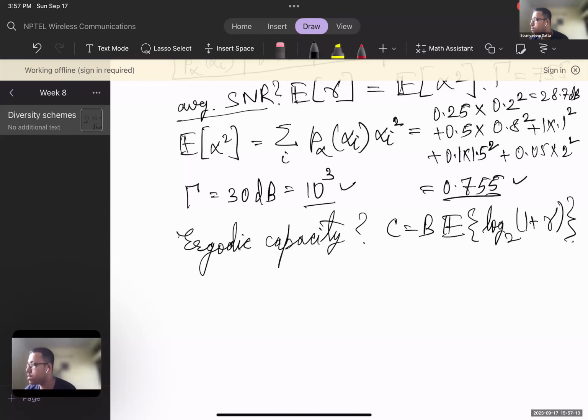So this will be again 0.1 times log of 1 plus 1 squared times 10 to the power 3, plus 0.1 times log of 1 plus 1.5 squared times 10 to the power 3, plus 0.05, I think that's the value, 0.05 times log of 1 plus 2 squared times 10 to the power 3.